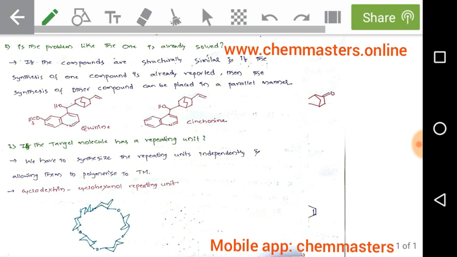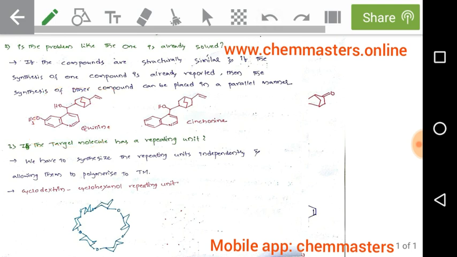Now, the second one is the problem like the one already solved. If the compounds are structurally similar and the synthesis of one compound is already reported, then the synthesis of the other compound can be planned in a parallel manner. Just check the examples here. Quinine: if quinine is already synthesized by using retrosynthesis, then cinchonine is easily retrosynthesized, because quinine already has a path of disconnection.